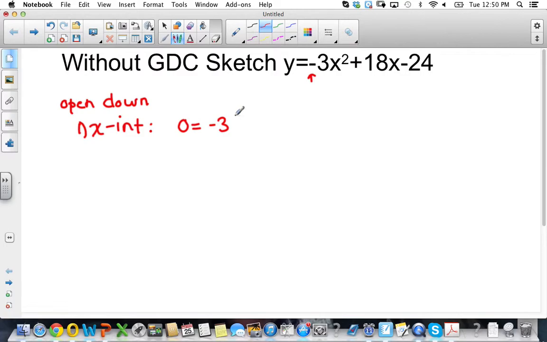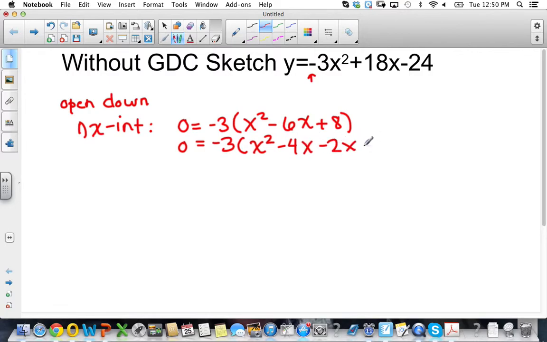I'm going to factor out the GCF, which is the leading coefficient of negative 3x, which is going to switch the signs of all three of those terms when I factor that out. So far I factored out a GCF, and now I'm going to factor the trinomial. The middle term will split to negative 4x, negative 2x.